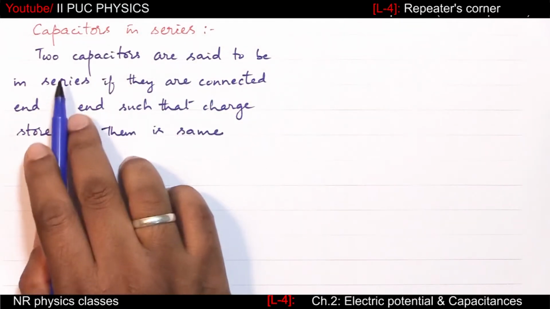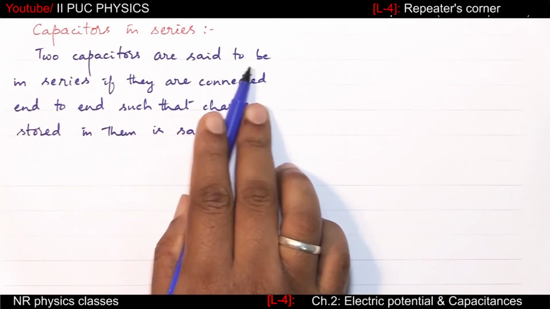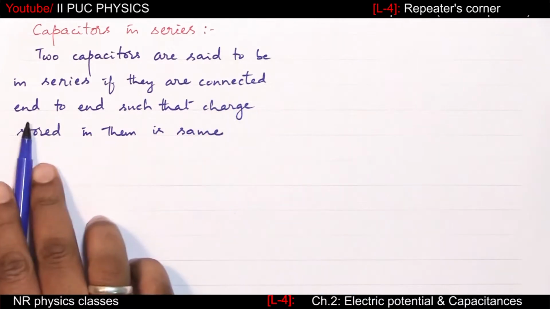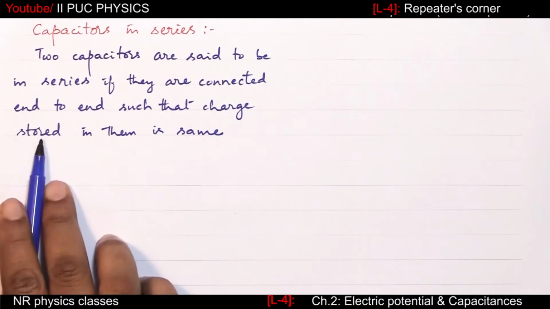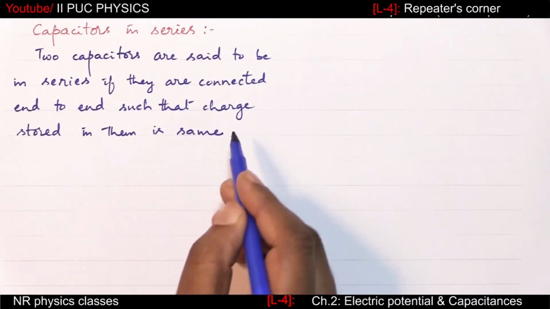Capacitors in series. Two capacitors are said to be in series if they are connected end to end such that charge stored in them is same.